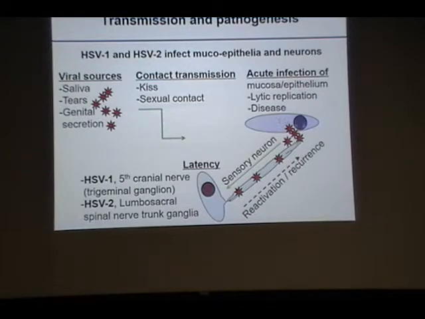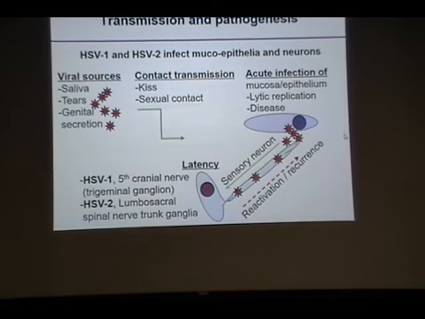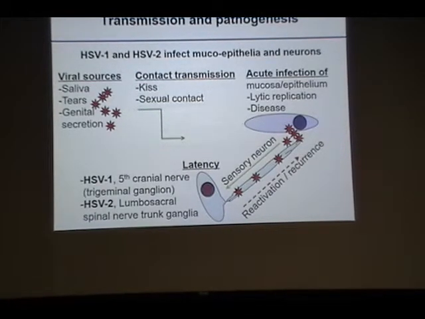Because the cell gets infected, the cell produces virus, and the cell dies, and at the same time your immune system responds. So that's why the disease occurs the first time, and most of the time it generates a lot of pain and inflammation. Okay, so this is acute infection.